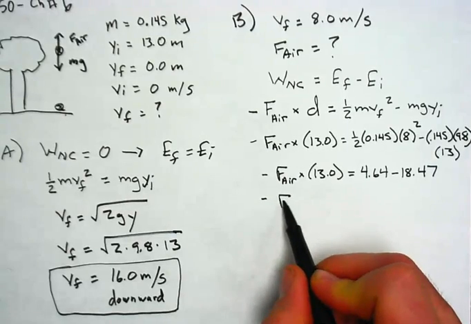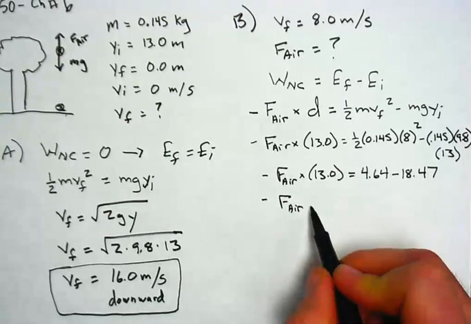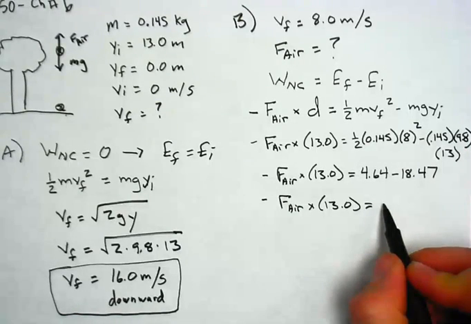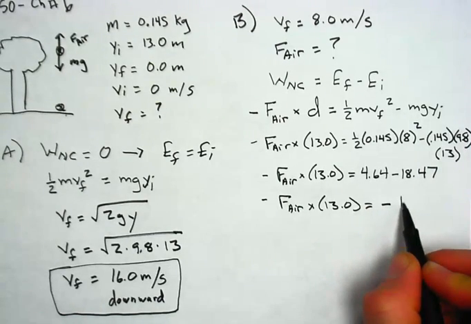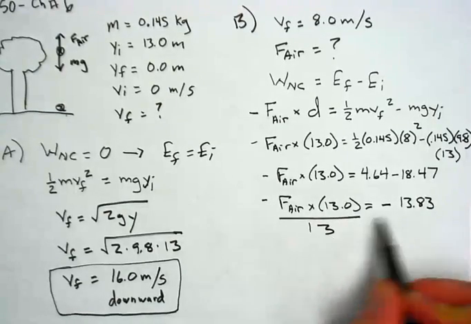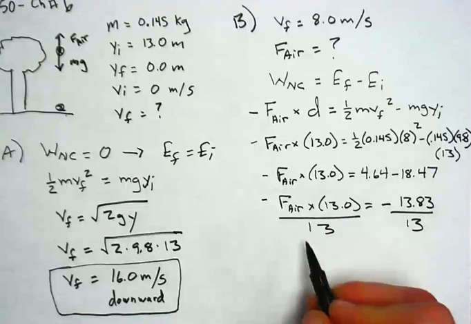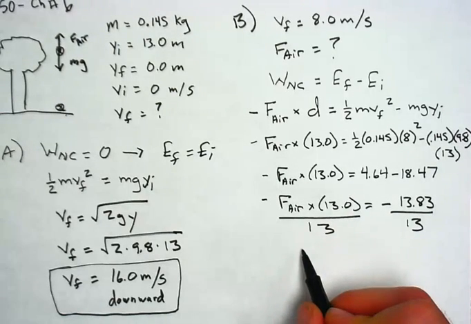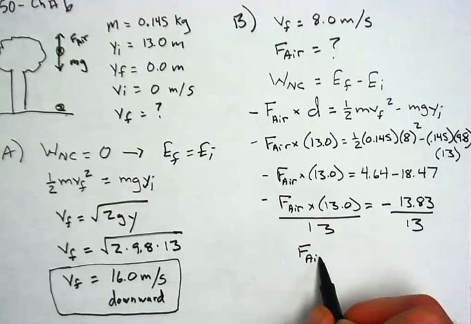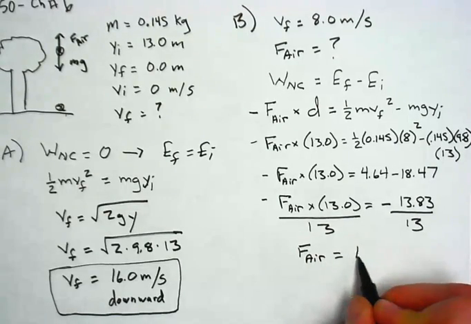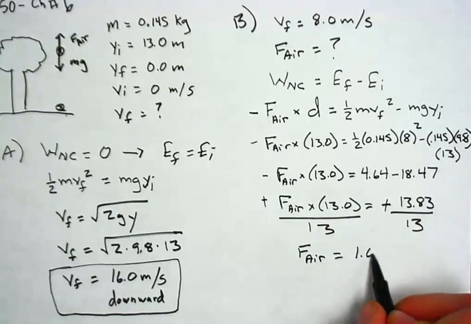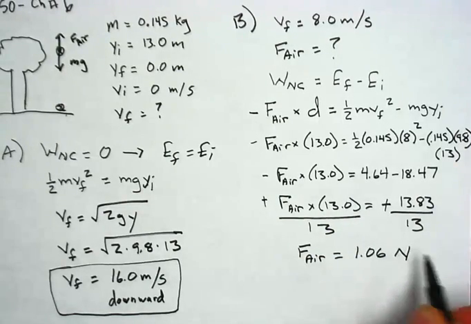Negative force of air resistance times 13 is equal to negative 13.83 joules. Divide by 13 on each side, and I get the force of air resistance is equal to, this is a negative and that's a negative, 1.06 newtons.